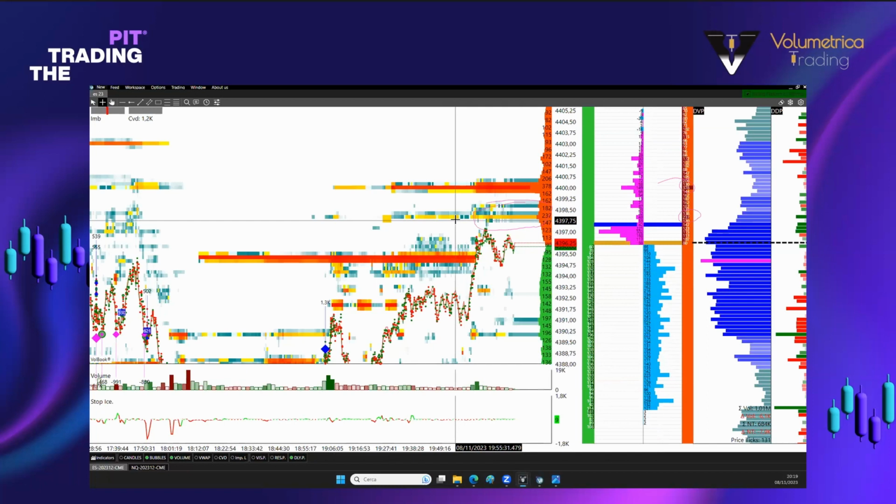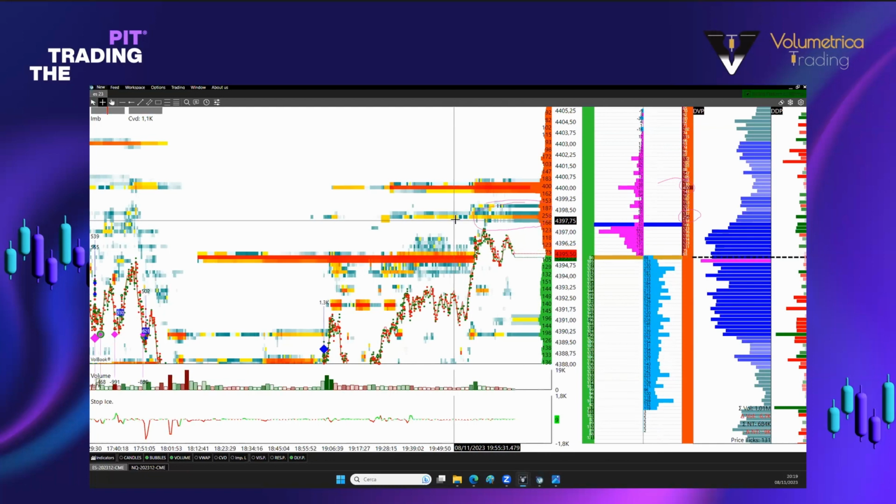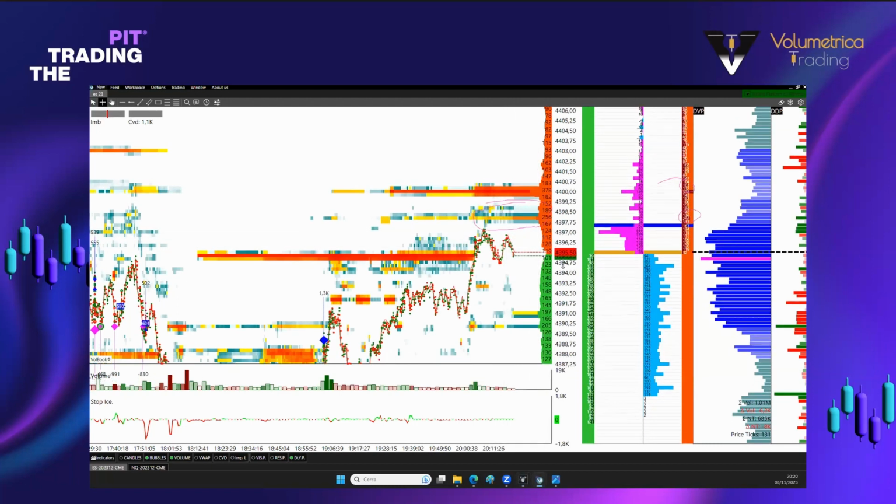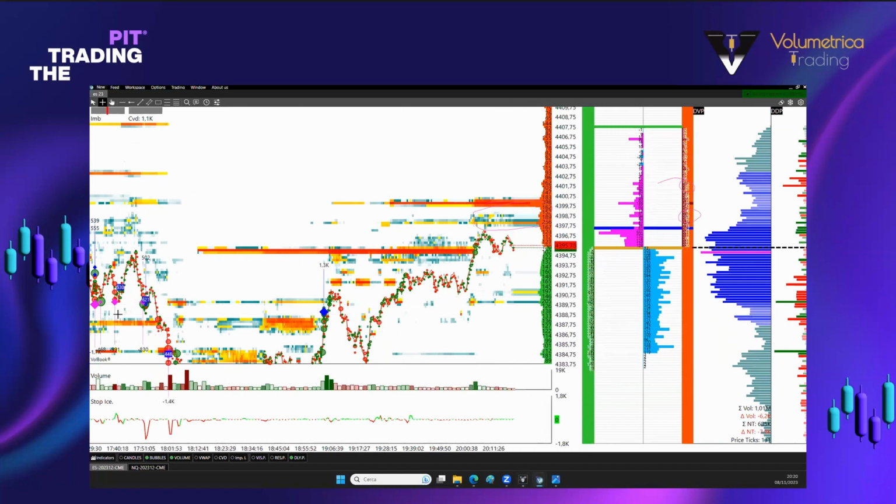Heatmap gives you a visual idea of what's happening, even in situations where there are more than the average passive sellers or buyers. It's just easier to spot, even before those levels get traded.